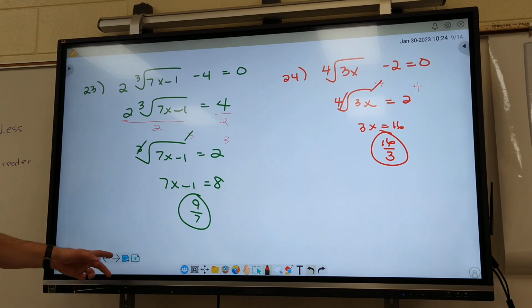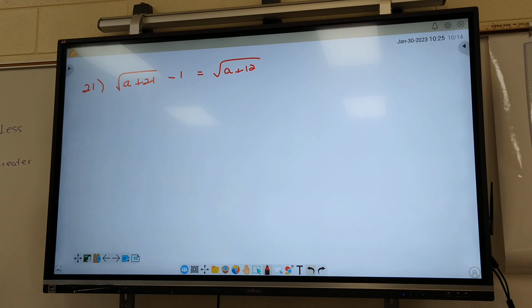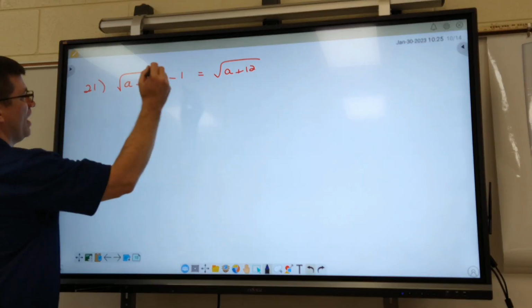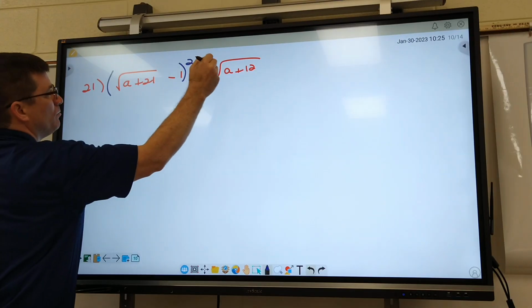All right. First thing we have to do is make sure it's set up correctly. What do I mean by that? Well, we need one square root on the left side of the equal sign, one on the right. So is this one set up? Yes, it's set up correctly. We can go ahead and work it out. So we're now going to do like we've been doing. We're going to square both sides.